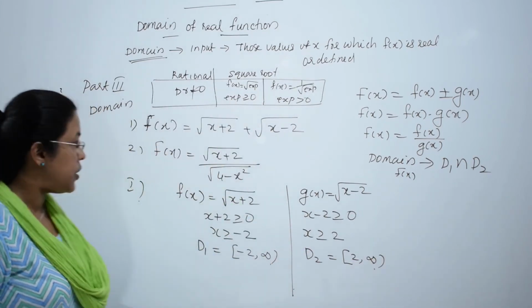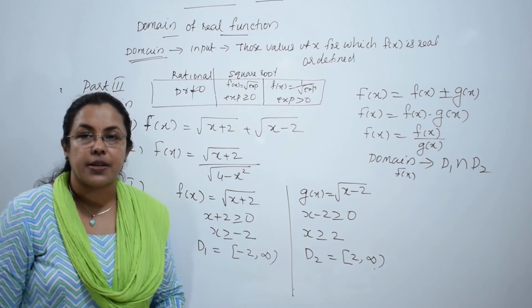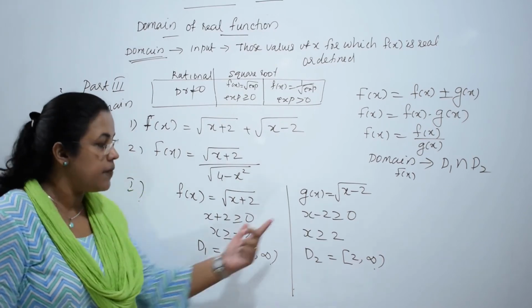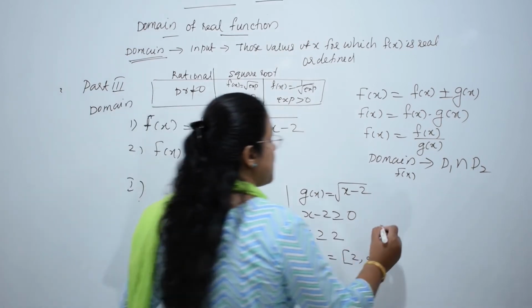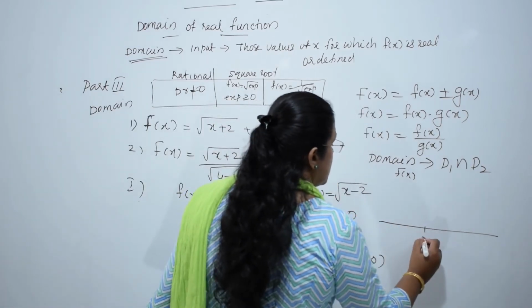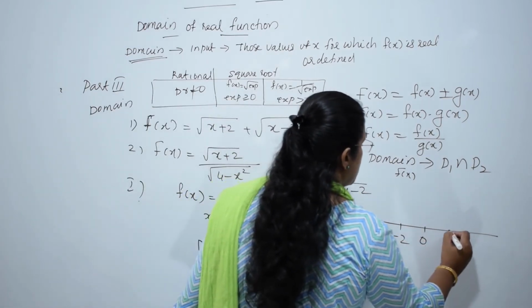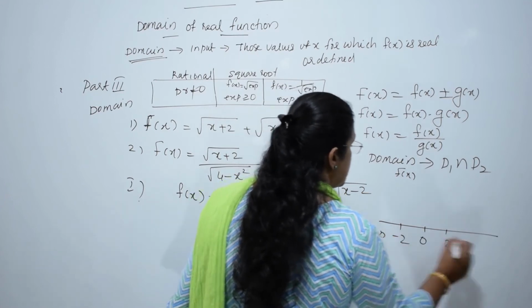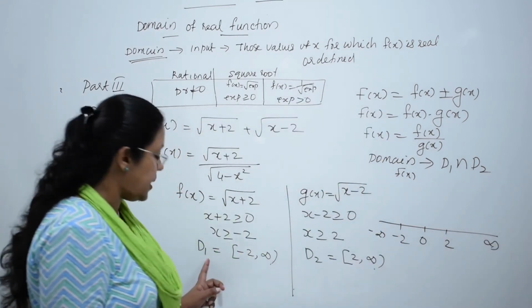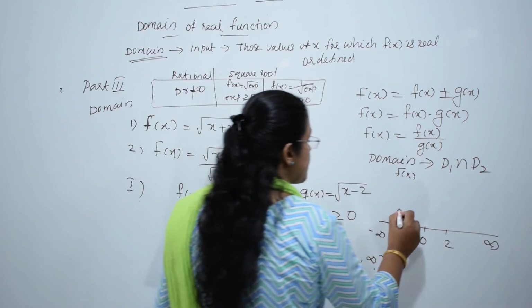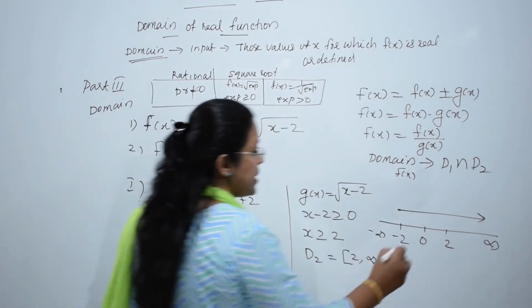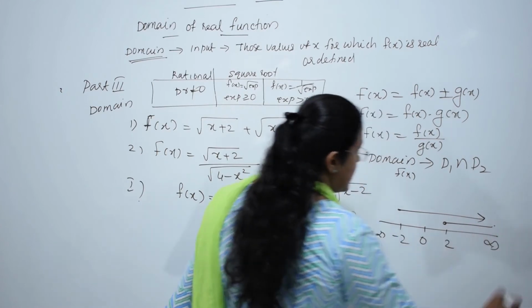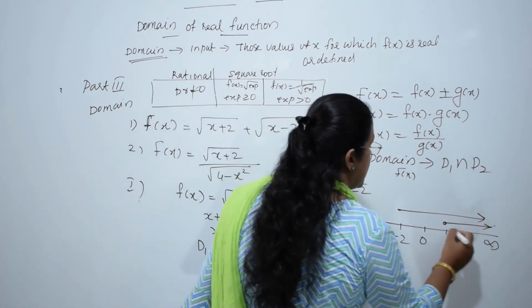Now what about the domain of capital F(x)? It is nothing but d1 intersection d2. d1 is −2 to infinity and d2 is 2 to infinity. Now what is their intersection?